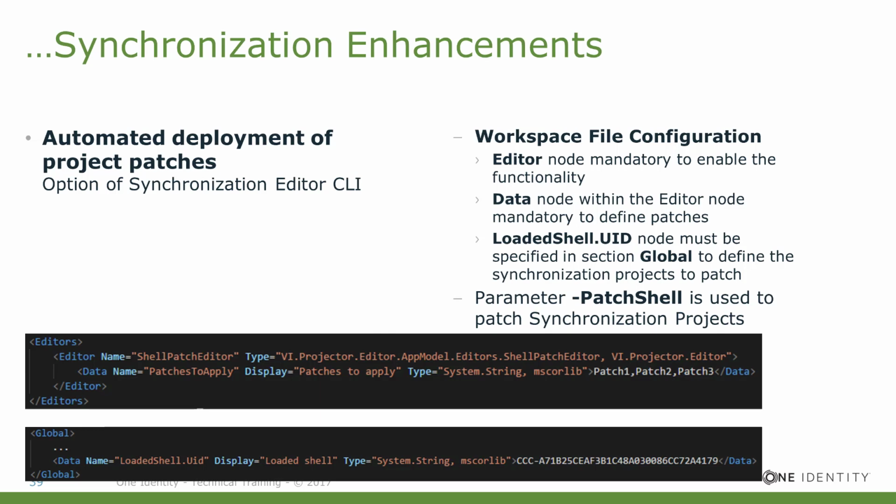And you can now use this parameter and add a list of patches you want to apply. And then you can see that on the screen. There are 2 XML snippets to control this synchronization editor CLI, and it has as well a very nice sample that shows you how to apply your patches. With that, we really hope that even the customers with a lot of synchronization projects now are happy with that and can easily upgrade their synchronization projects.